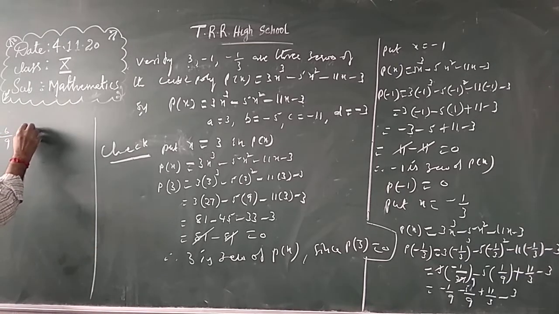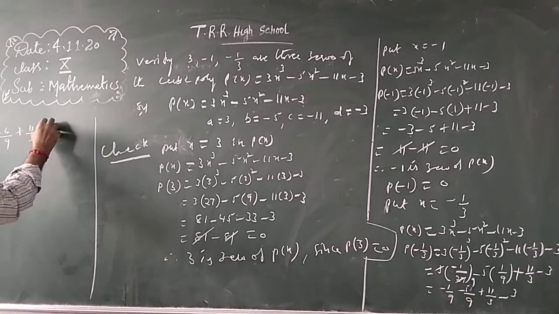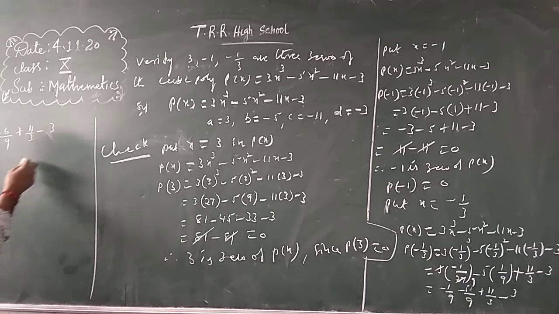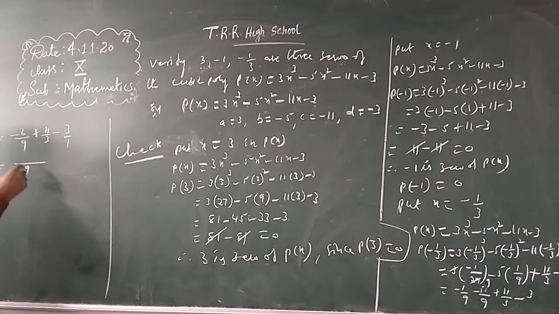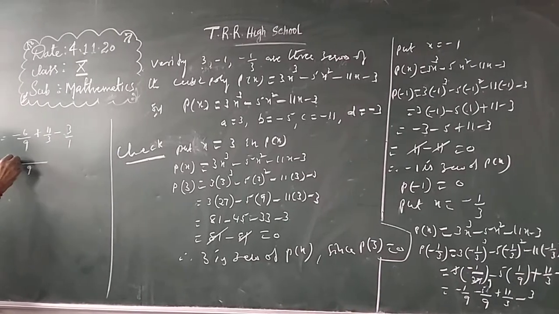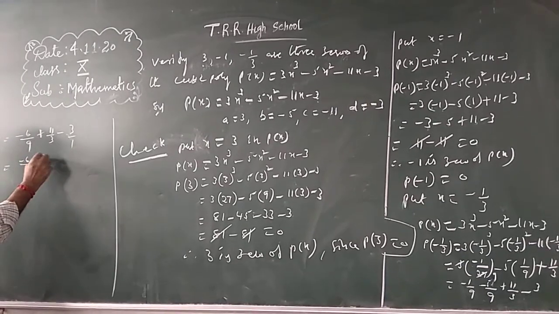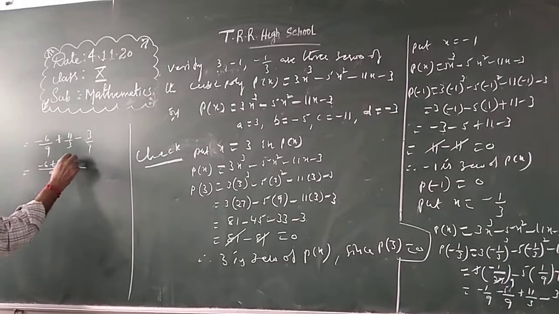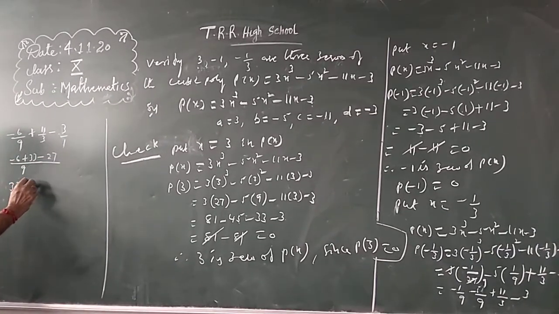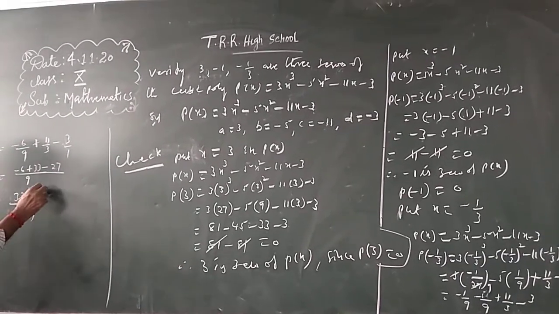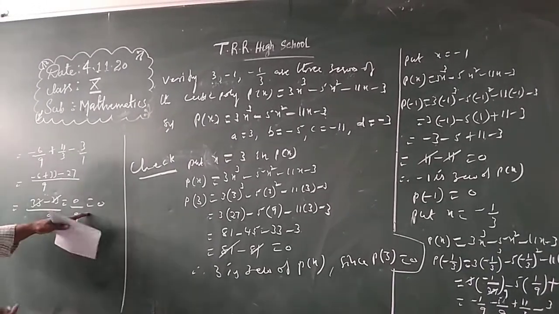Plus 11 by 3 minus 3. We take the LCM of 9 and 3, which is 9. 9 in 9, 1 time: minus 6. 3 in 9, 3 times: 3 times 11 is 33. Minus 3 in 9, 9 times: 27. So minus 6 plus 33 minus 27 is 0, and 0 by 9 is 0. So therefore we got 0 as the answer.